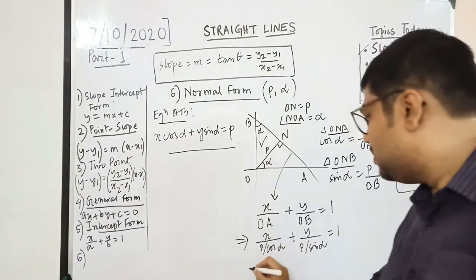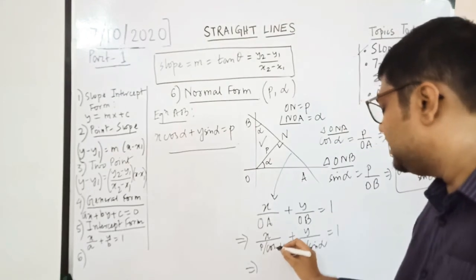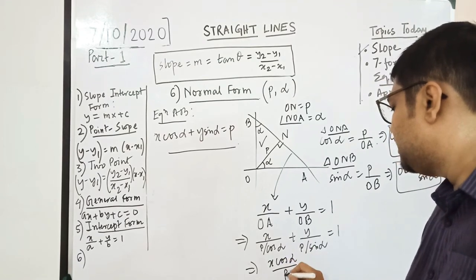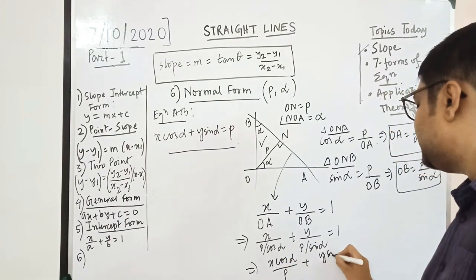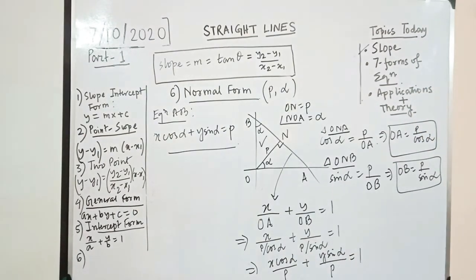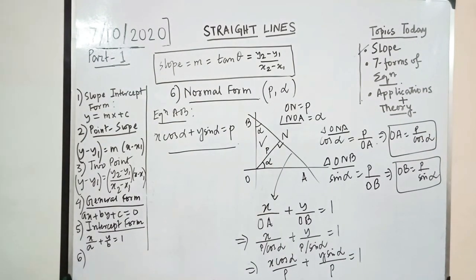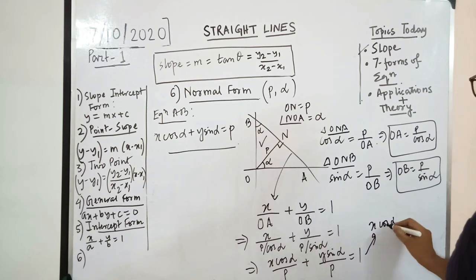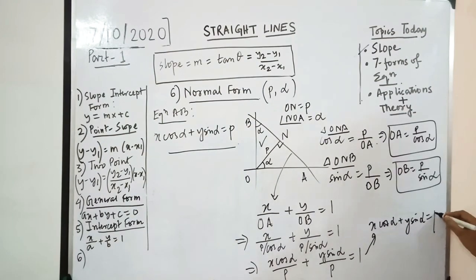If you simplify this, it becomes x cos alpha by P plus y sin alpha by P equals 1. Hence, if you multiply this by P throughout, you get x cos alpha plus y sin alpha equals P. So this is all about the normal form.